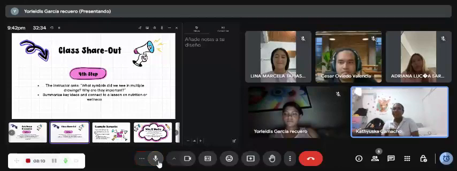Okay, the instructor says that this part is called class share out. It is the fourth step. In this step, basically the instructor asks what symbols do we see in multiple drawings, or why are they important.